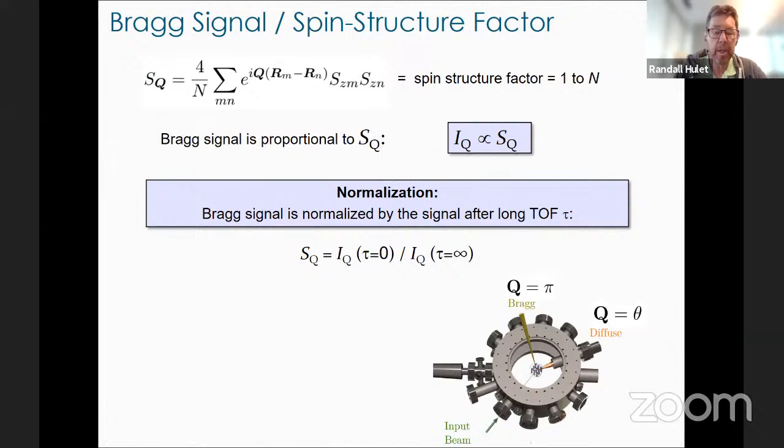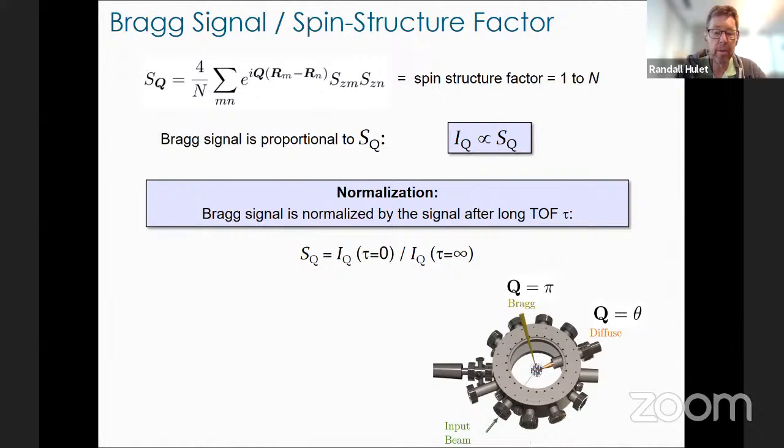We take the lattice and we simply turn it off. We can turn it off fast compared to the time of flight, in a few microseconds. So we have a signal in the lattice, and when we turn off the lattice, the atoms immediately begin to expand, on distances of order the lattice constant. This destroys the magnetic order in the system.